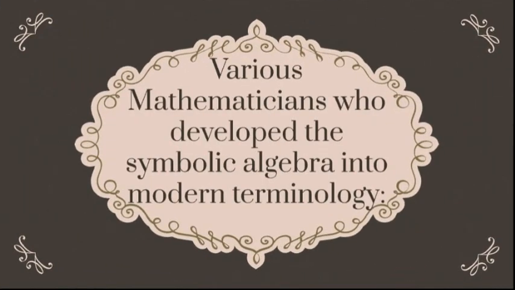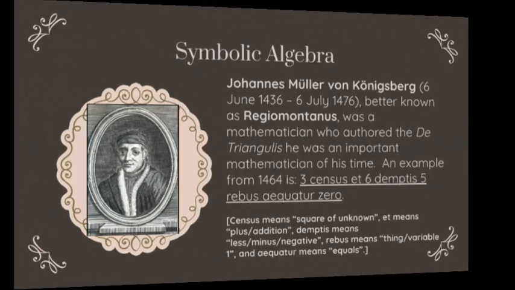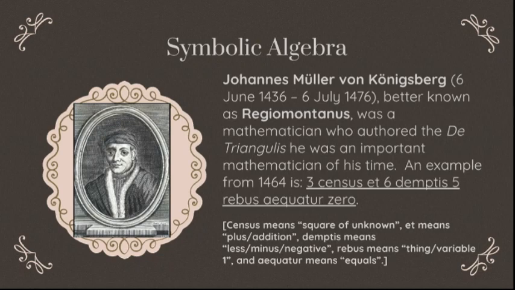Now let us see who and how these various mathematicians developed the symbolic algebra in modern terminology by developing the same expression through time. From 1400 AD, certain words or phrases are used as symbols.